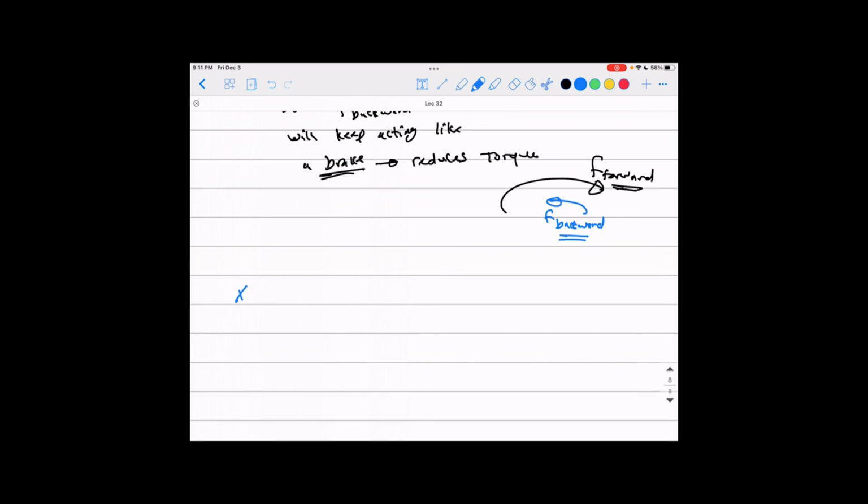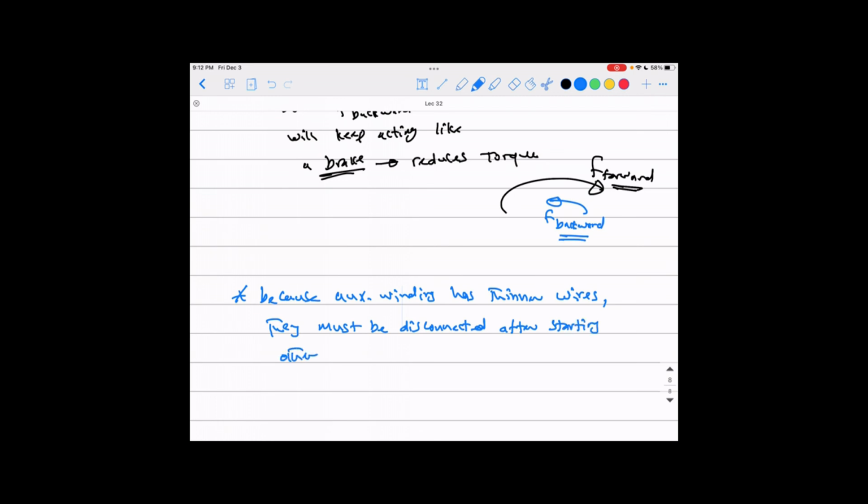To keep in mind also, that's what we're saying, because the auxiliary winding has thinner wires, they must be disconnected after starting, otherwise it will overheat.